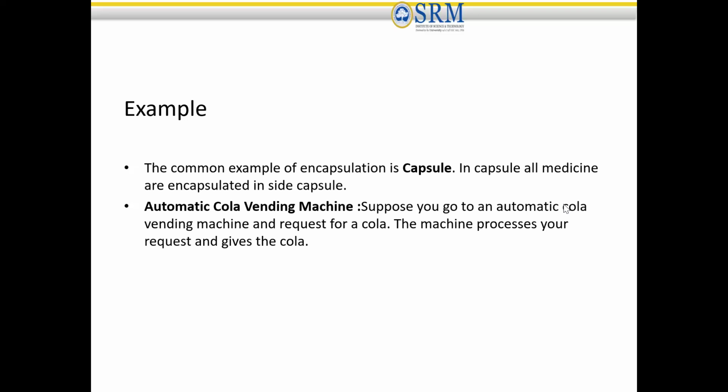Next, the automatic cola vending machine. Suppose you go to an automatic cola vending machine and request a cola. The machine processes your request and gives the cola. Just as in a capsule all medicines are encapsulated inside the capsule, here also in the cola vending machine everything is hidden.